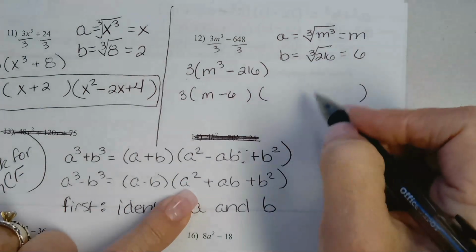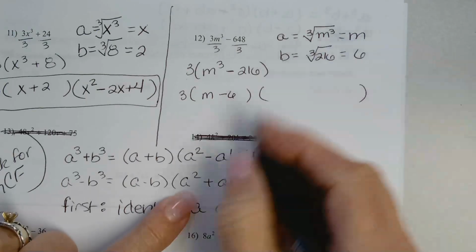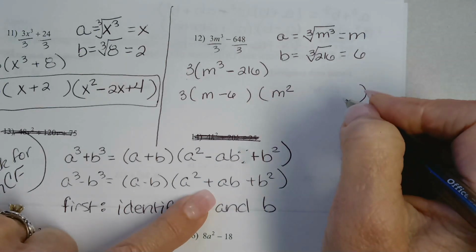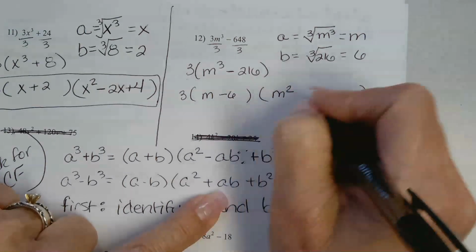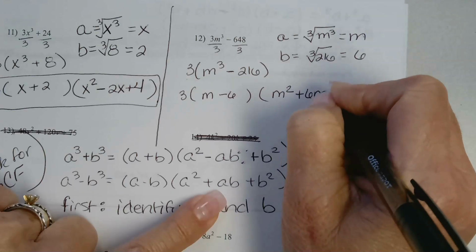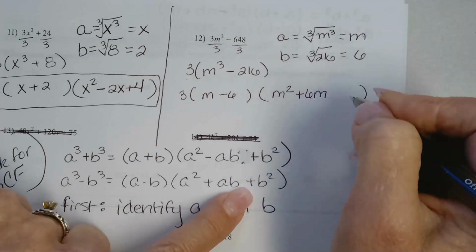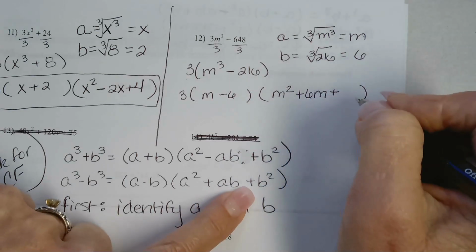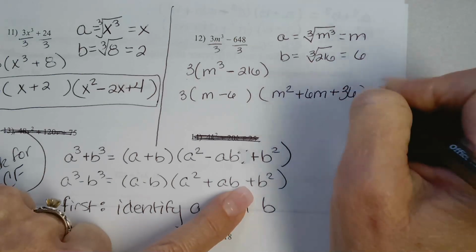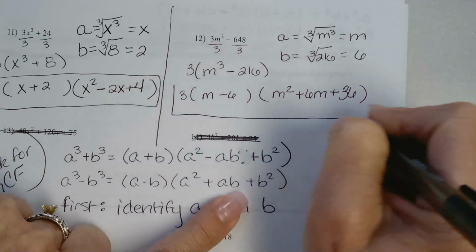This one is A squared, so that's your m squared, plus A times B, plus 6m, plus B squared. That's my 6 squared, so that's 36. And these are my factors.